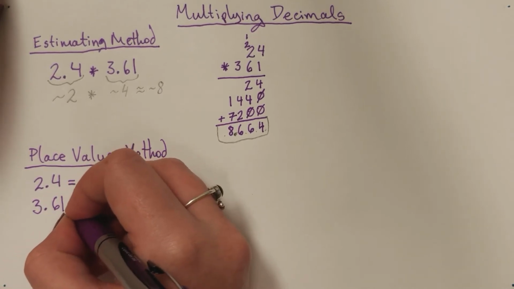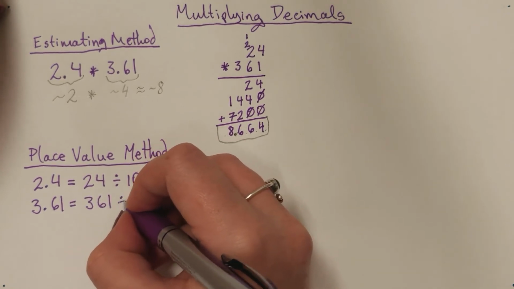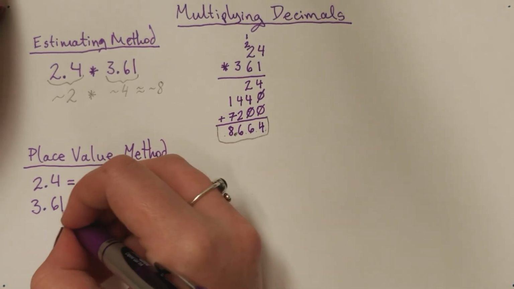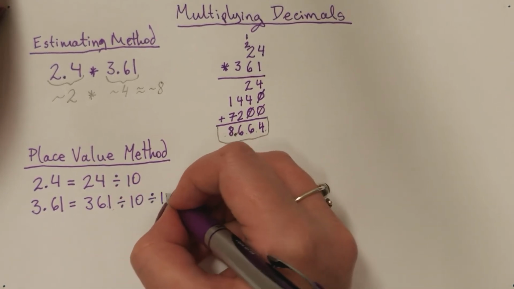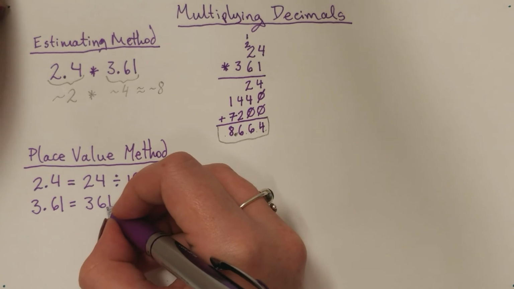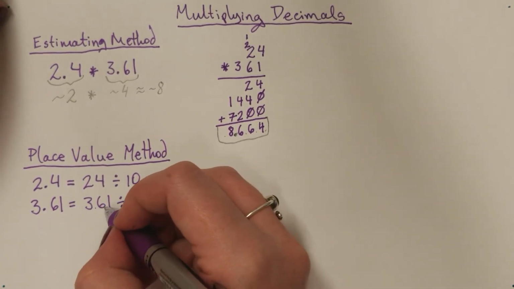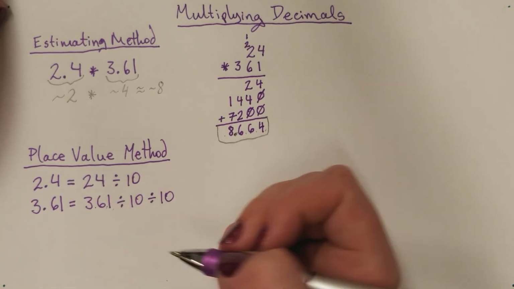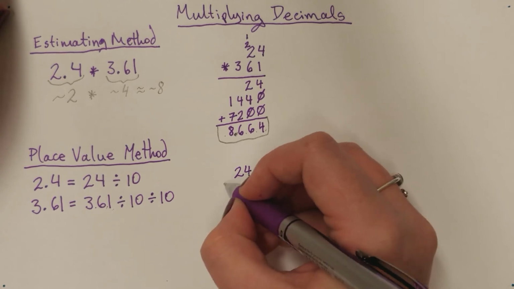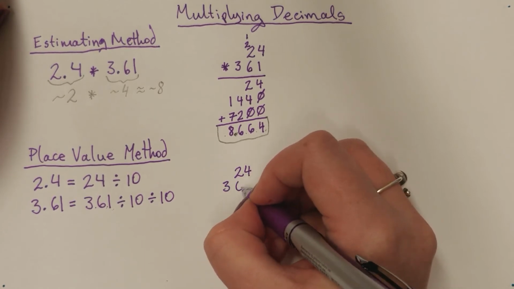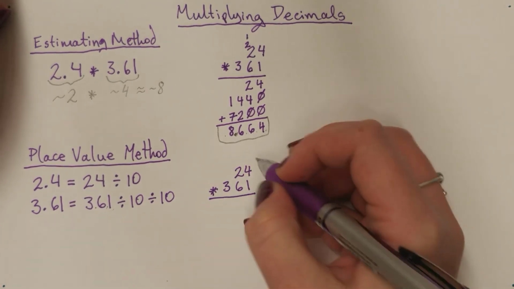3.61 is equal to 361 divided by 10, and then divided by 10 again, which is the same thing as dividing by 100. But I'm going to write it this way. So if we divide by 10 once and then twice, we get to 3.61. So let's say we do that same whole number division or multiplication that we did before. 24 times 361.